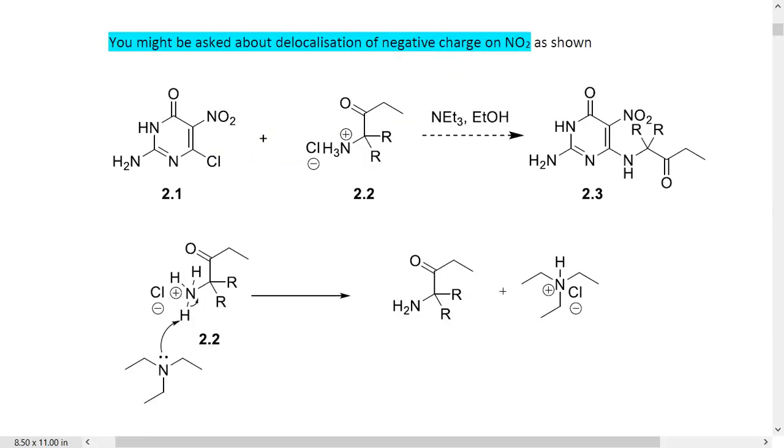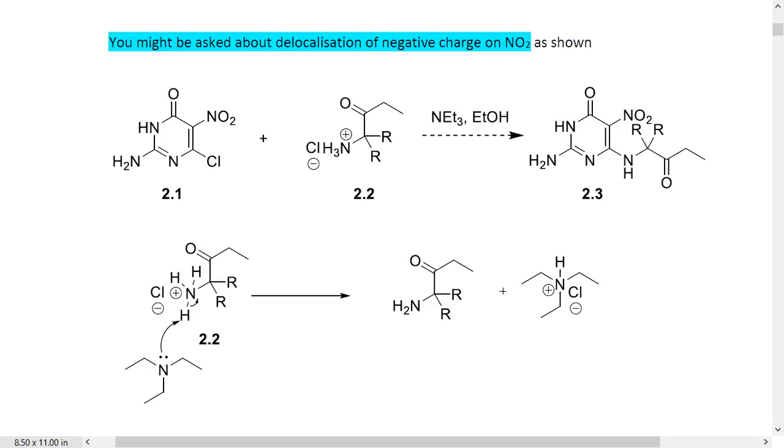You have a double bond here, another double bond here, because nitrogen forms 3 bonds. This has NH2. On the top is carbon, oxygen, you have nitro, chlorine, and this is the same reagent which we use. Nitrogen has 4 bonds, plus charge, chlorine negative, and carbon, oxygen. You have an ethyl group, triethylamine, ethanol.